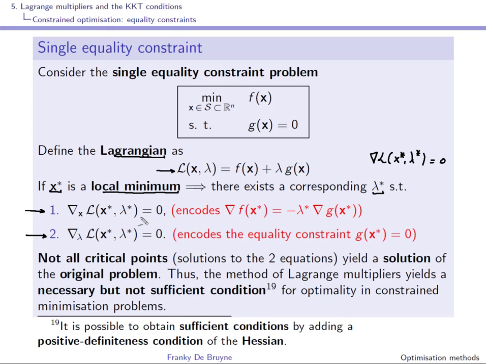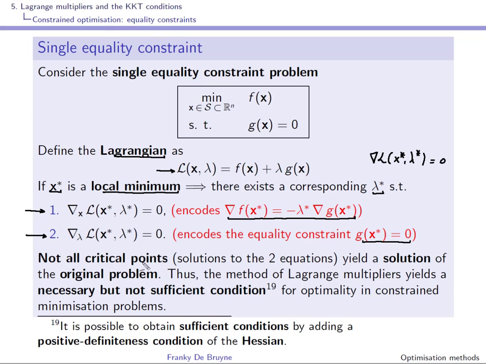You can see that this first equation, if you apply it to the Lagrangian function, really is equivalent to this equation here, which is simply saying that at the critical point the gradient of f and the gradient of g are aligned. And this second equation, the gradient with respect to lambda, will simply produce g of x. So this is encoding that g of x is equal to 0 at the critical point.